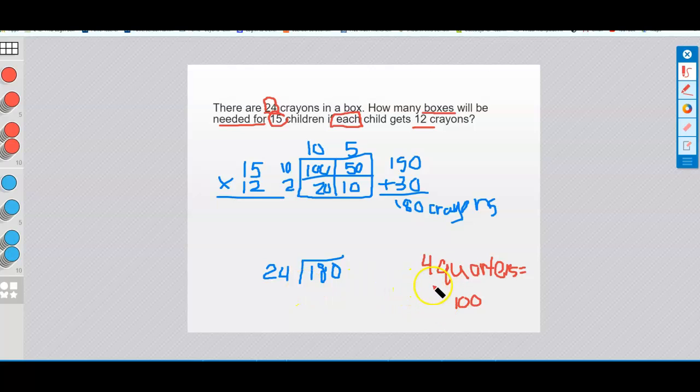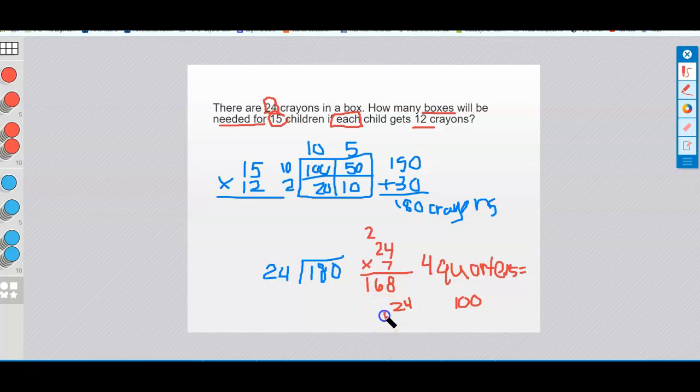So let's see here. If I have 7 quarters, 7 quarters would be $1.75 or 175. So let's see if 24 times 7 is close to 180. 4 times 7 is 28. Carry the 2. 7 times 2 is 14, 15, 16. I'm going to see if I can fit another group of 24 in there.